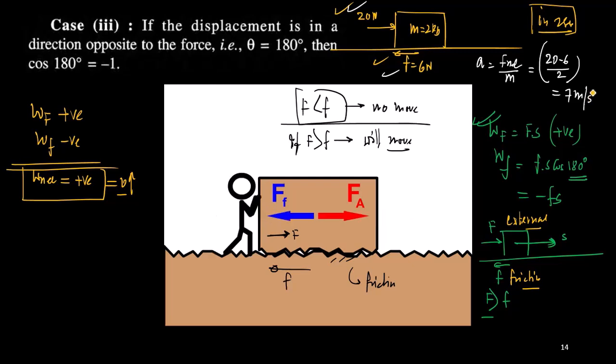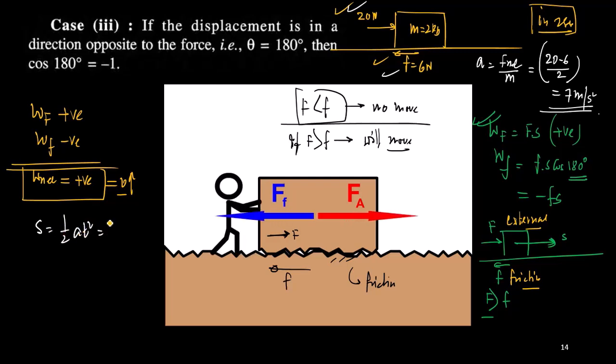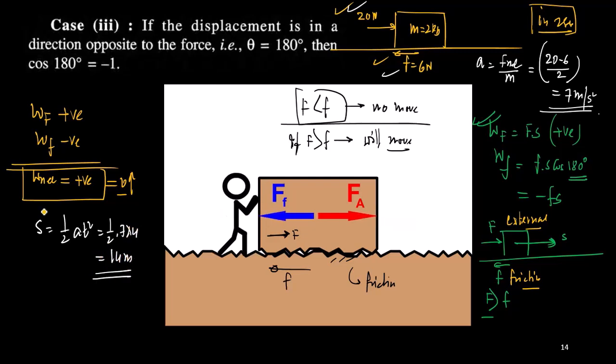That is the acceleration produced due to the application of 20 Newton force. Then s is equal to half a t square, that means half into 7 into 4, which is 14 meter. 14 meter is the displacement.